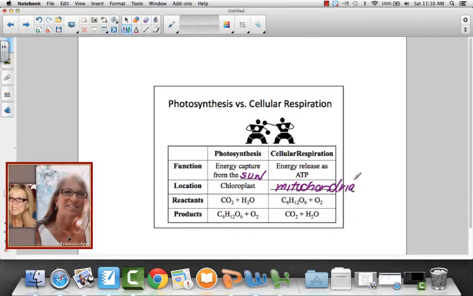Notice how the products of photosynthesis are the reactants for cellular respiration. So glucose and oxygen, which is what plants produce, is used by us in our cells, okay? Well, and other organisms as well, and produce carbon dioxide and water.